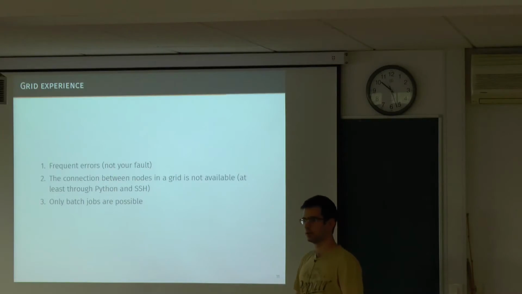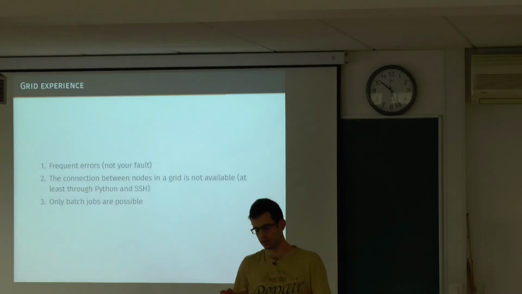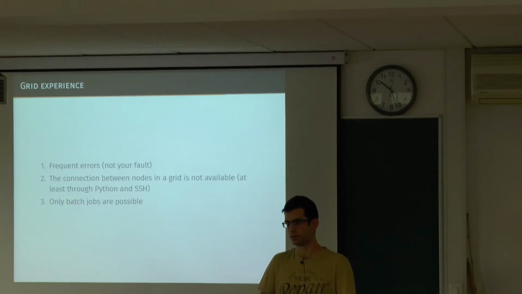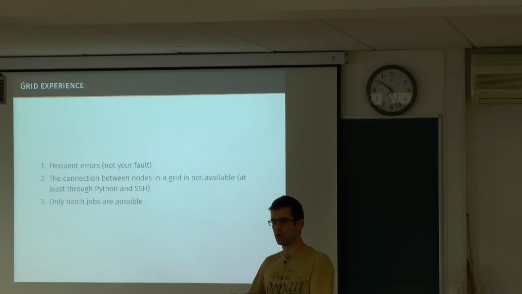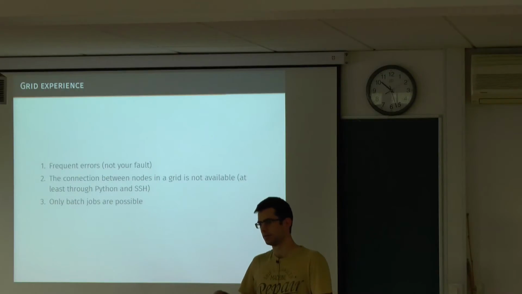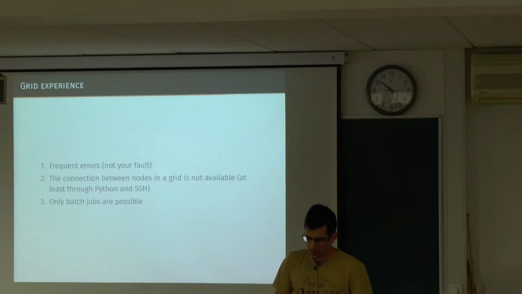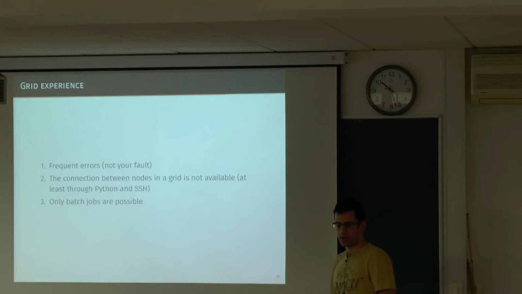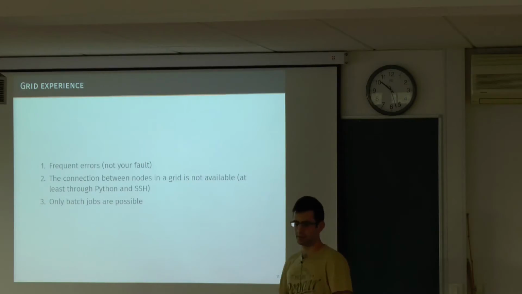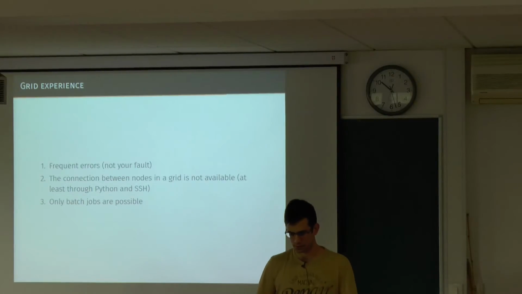And that is why the random search was chosen, because there was no communication between the nodes necessary, and if one job crashed, it means no problem for other jobs. There was also no connection between nodes in the grid available, and still is not, but the connection between nodes is in the process of being established, from what I've been told by the administrators.